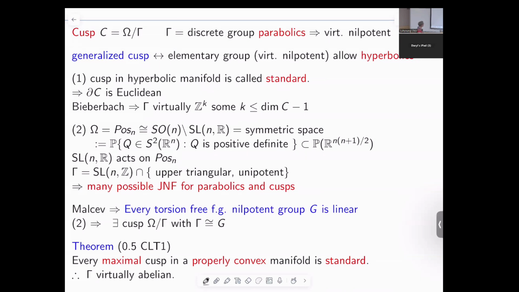So a cusp in general is a quotient of a properly convex domain by a discrete group of parabolics, and that actually implies it's virtually nilpotent. A generalized cusp, you allow hyperbolics as well. So in these lectures, I've been focusing on the simple case where the boundary of the cusp is compact, a so-called maximal cusp.